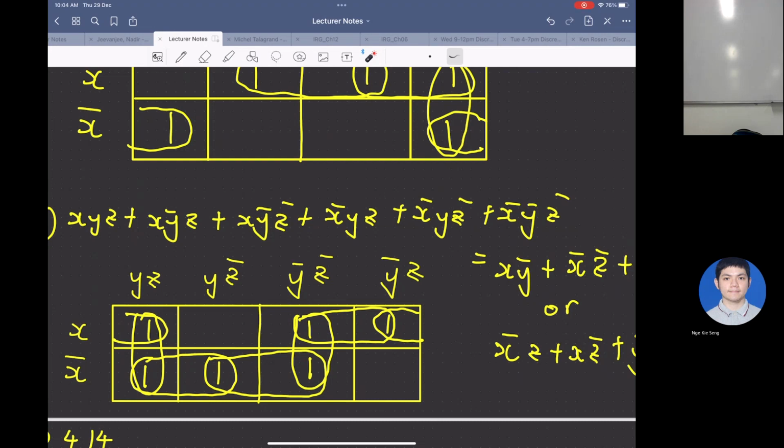Are they the largest block of one that covers a one in the K-map? Any essential prime? Which block is the essential prime?